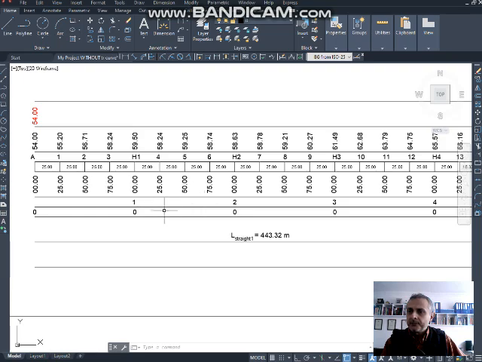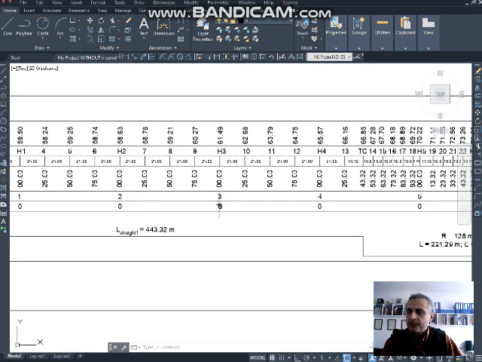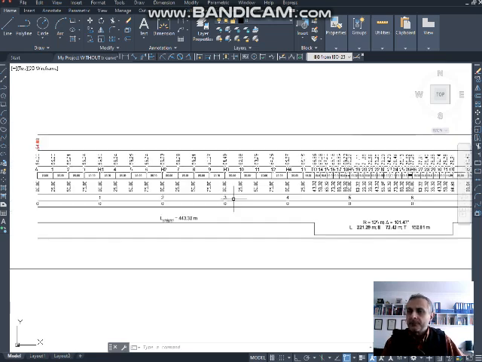Hectometers 1, 2, 3, 4, 5. Kilometers 0. So for example, for this cross section number 10, you read 0 kilometer, 3 hectometers, 300 meters, and 25 meters, 325 meters, things like that.